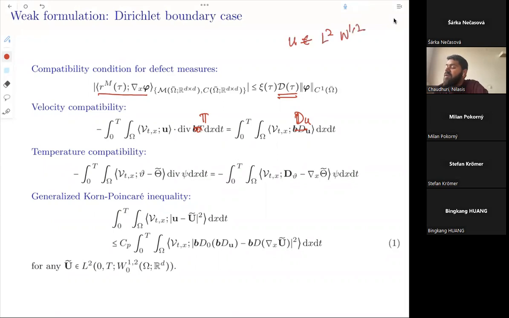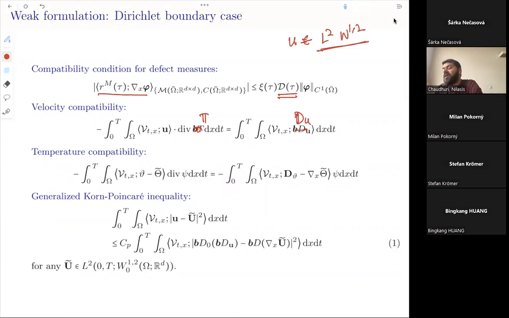So in this case, we are saying that it also has this kind of property, but in terms of the Young measure. And for the temperature, we have some sort of additional temperature compatibility, and we get some generalized Korn-Poincaré inequality.